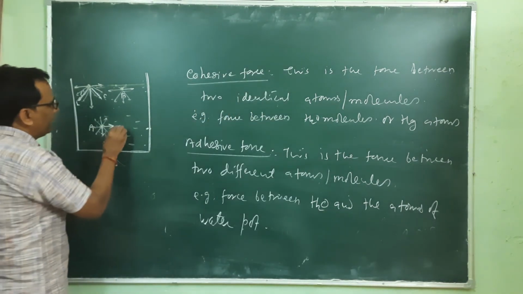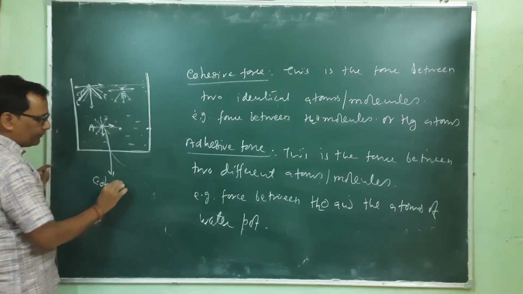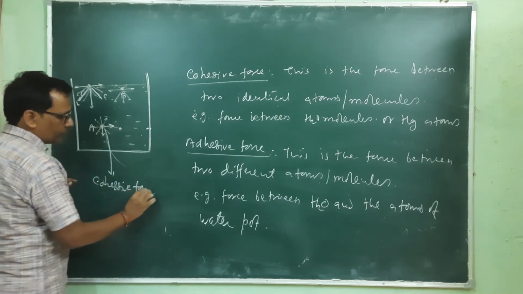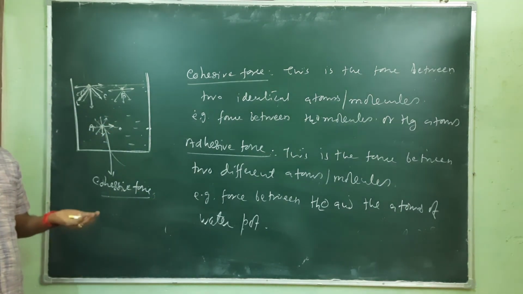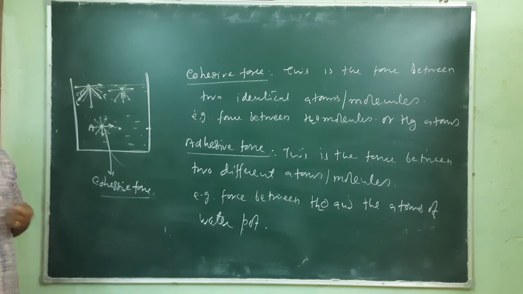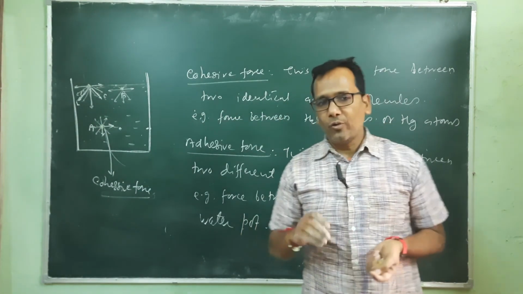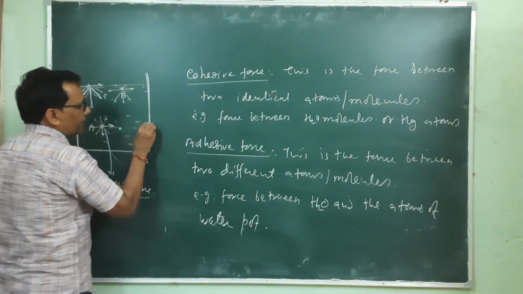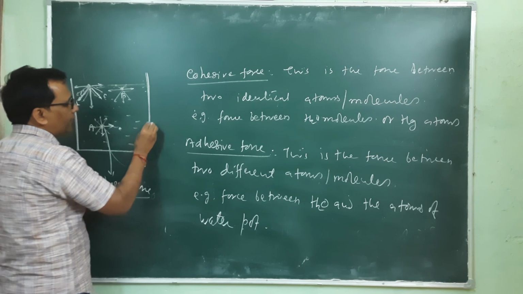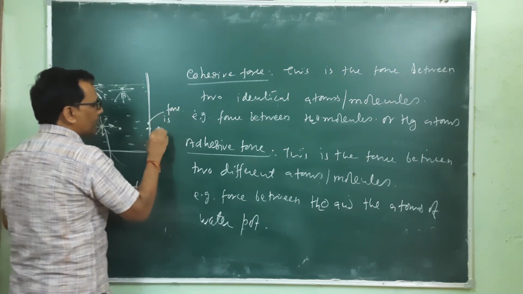So in this case, one cohesive force will be there, because in the neighborhood the water molecules are there. One water molecule is attracted to another water molecule, and that force is cohesive. But here at the surface, where the container is, the force will be adhesive.